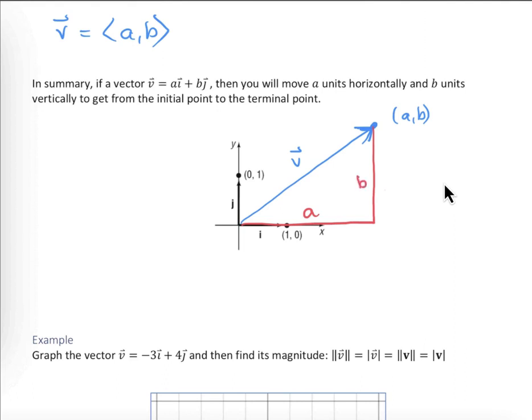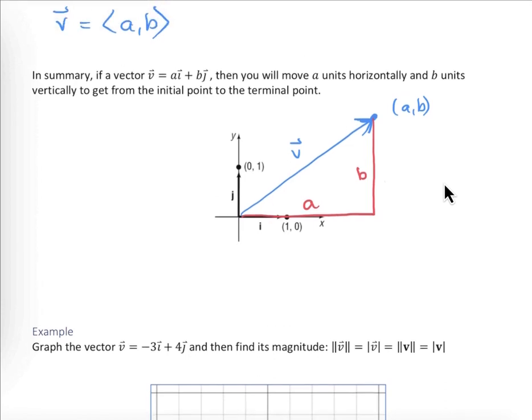Now, we've discussed how we can add two vectors together to get a resultant vector using the triangle method. So let's think about the length of this horizontal side of my triangle as being not just a scalar quantity a, but actually as being a vector.